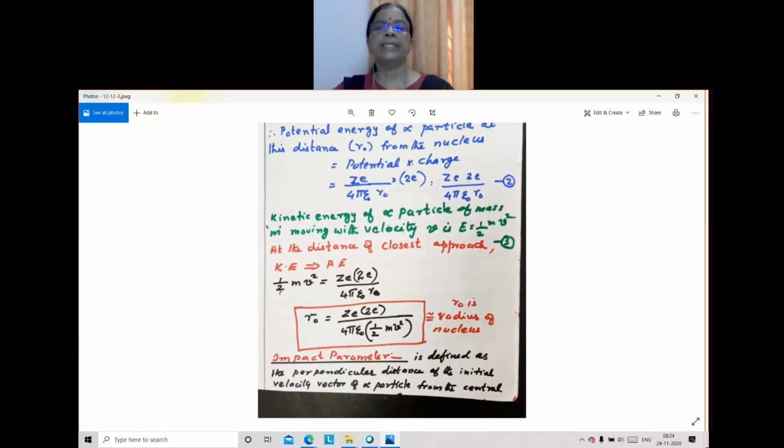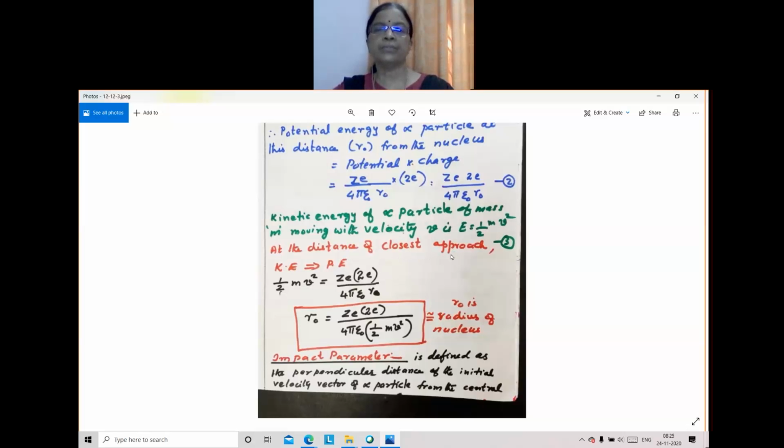Kinetic energy of an alpha particle of mass m moving with velocity v. We know the expression, half mv square. When it bounces back, all the kinetic energy is converted into potential energy at the distance of closest approach.